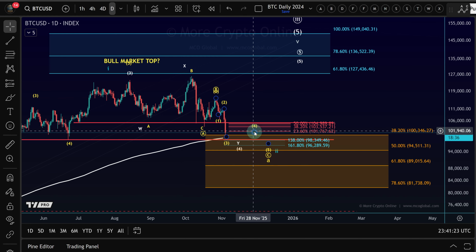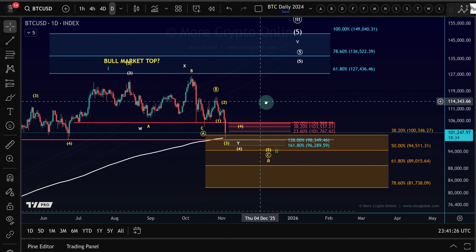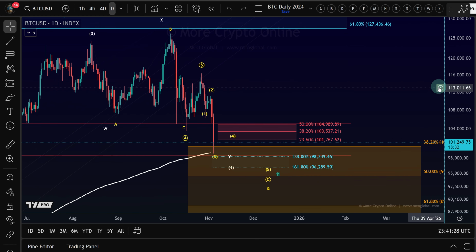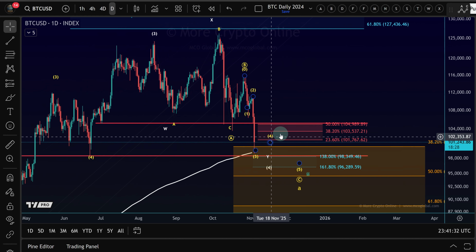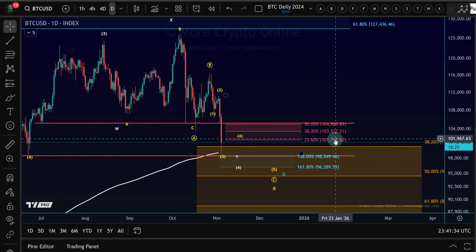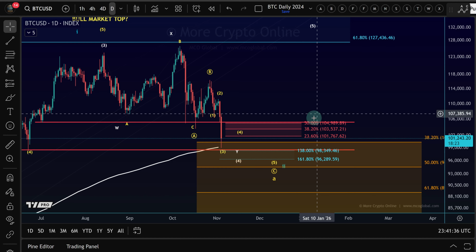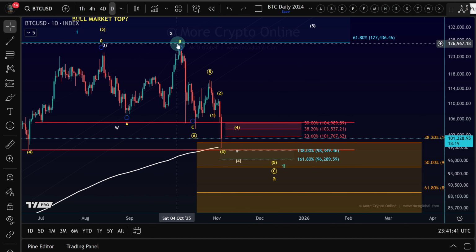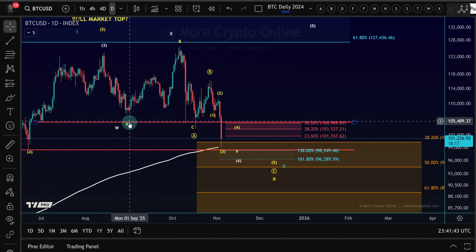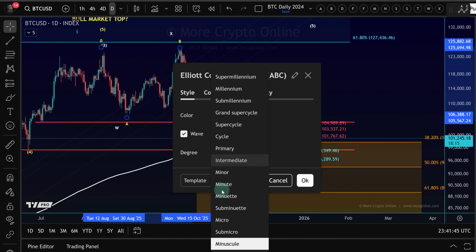Here on the daily chart, the structure that has developed allows me now to add another resistance area. Basically, Fibonacci resistance is now between $101,767 and $104,990. What we have seen is this yellow count, in which I need to change the wave degree.